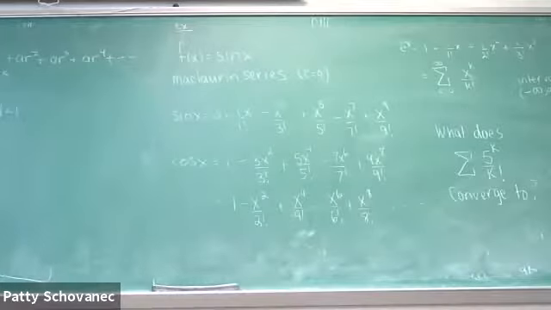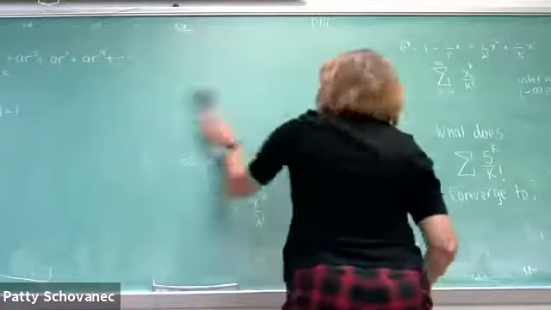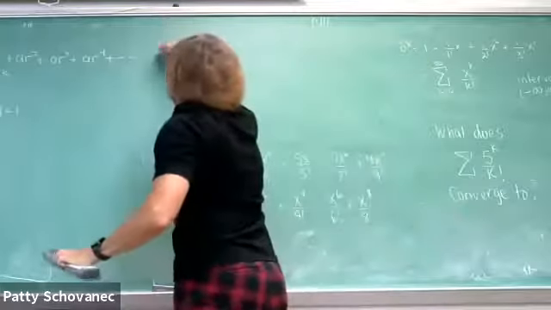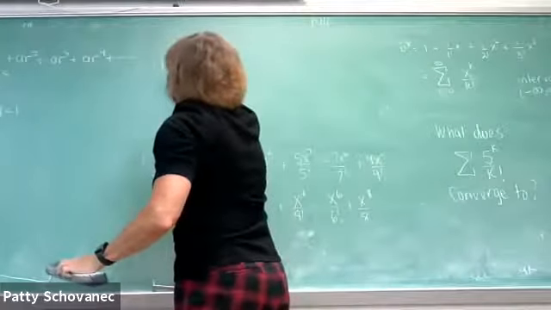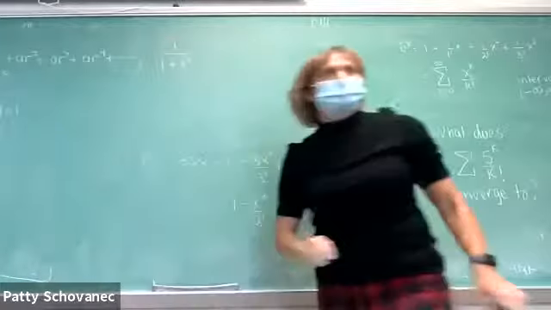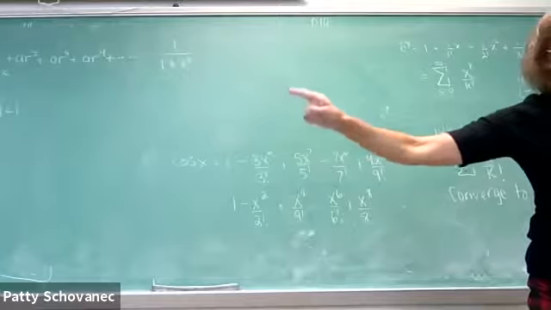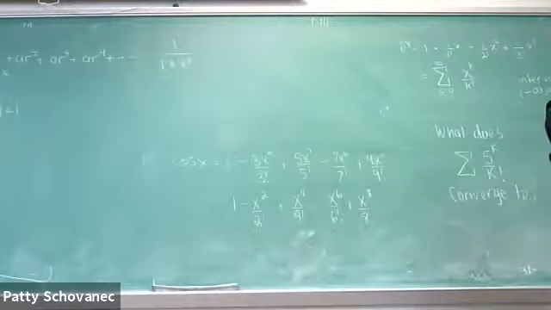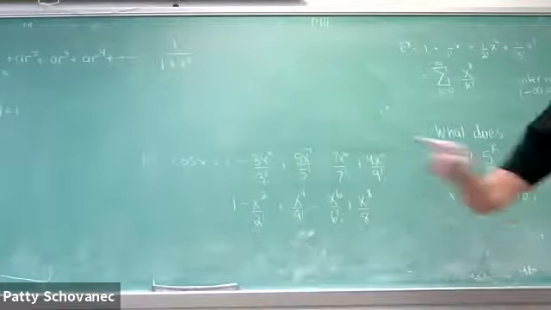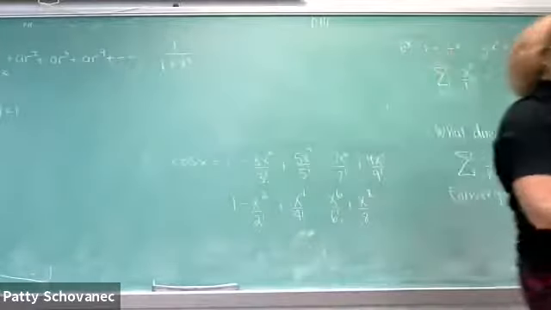Okay. What do you think the power series representation for this is? If that's the power series representation for 1 over 1 minus x, what substitution can I make to get the power series for this?